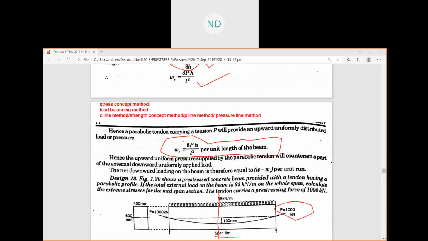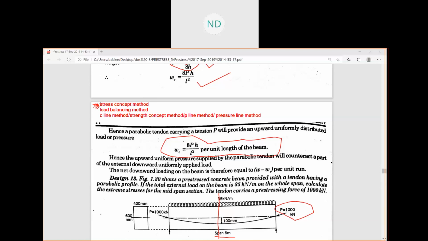In the first classes, the stresses we were calculating in the pre-stressed concrete beams were by the stress concept method, the first one.